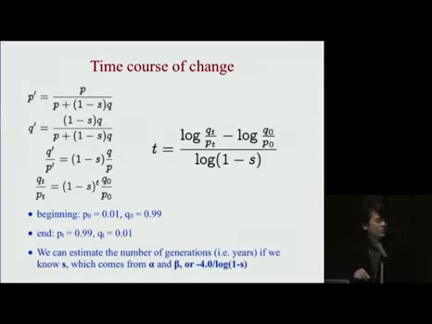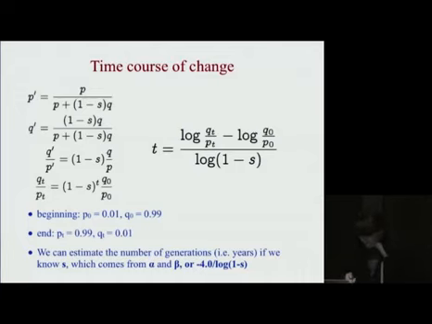You can actually estimate the number of generations for change to take place. And that's, as you can imagine, going to be a function of how much better the new guy is compared to the old guy. If the new guy is much better than the old guy, it'll kill the old guy faster. So we'll make use of those equations later on.